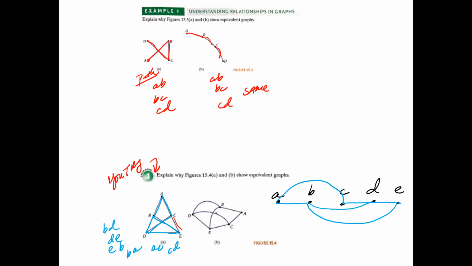Okay, so then looking on this side over here, it is exactly the same. If you can trace it and go from B to D, D to E, E to B, B to A to C, and then C to D. There you go. It's exactly the same.